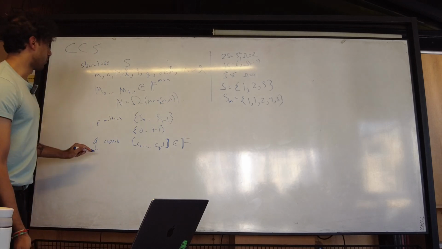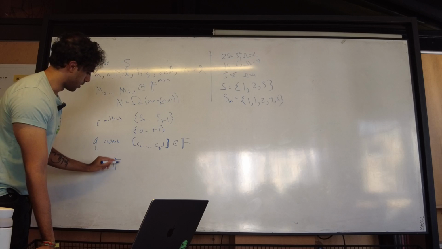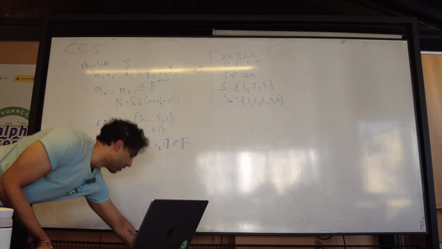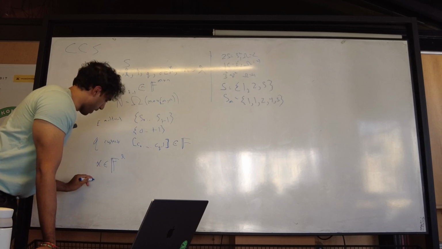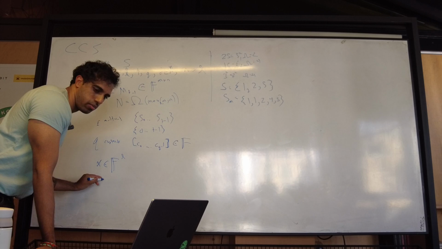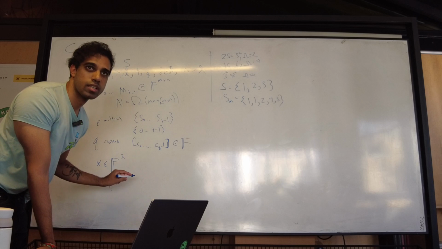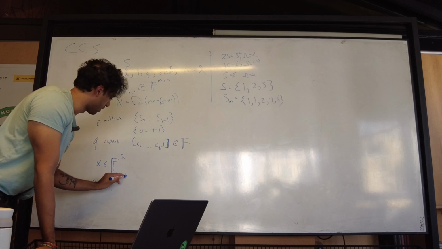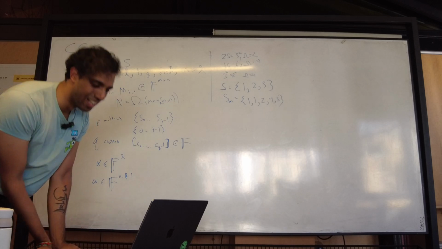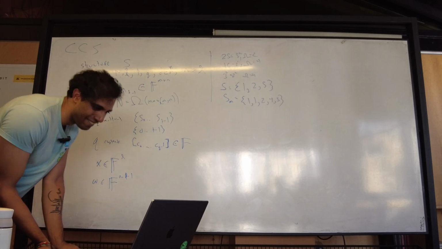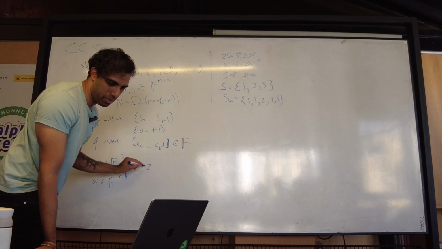Now we have our public inputs. We have X, which is an element of F of L. We have our witness vector W, which is an element of F, and then we define our full input vector.